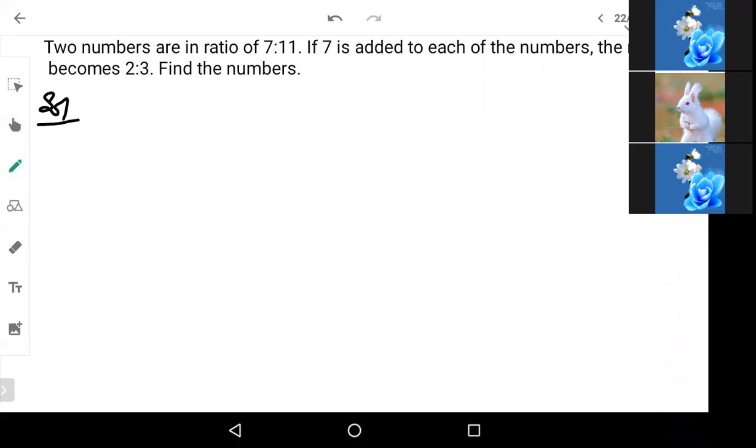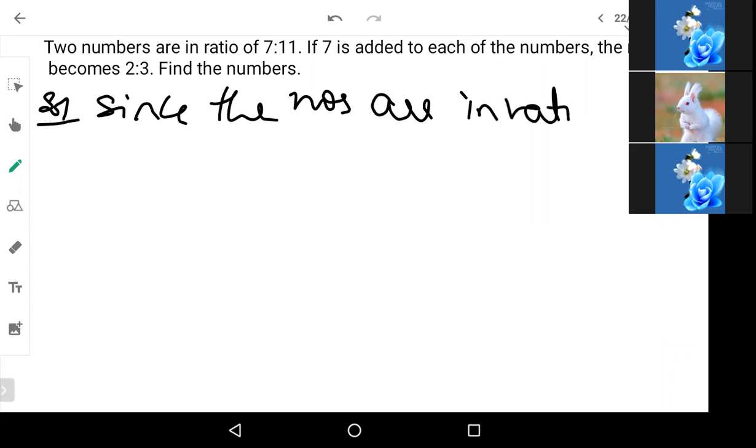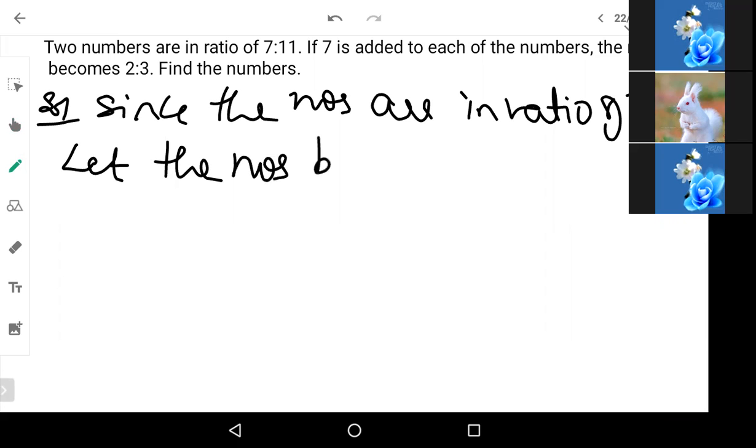Solution. Since the numbers are in the ratio of 7 is to 11, let the numbers be 7x and 11x.